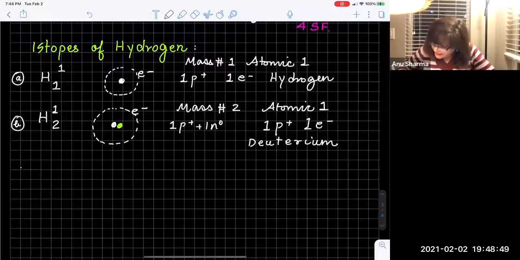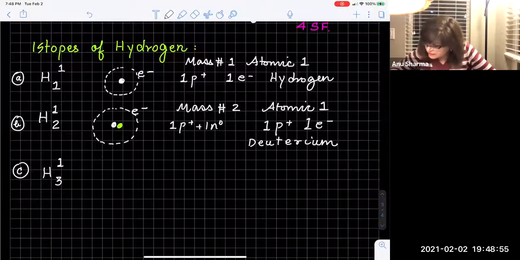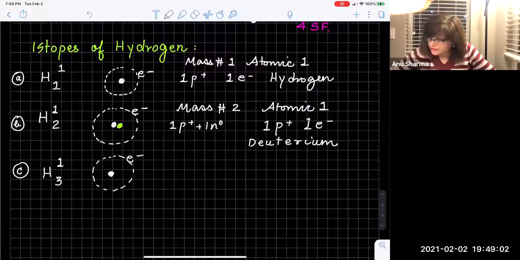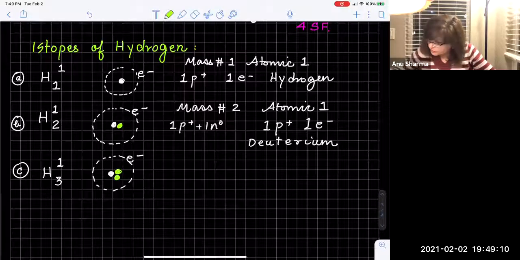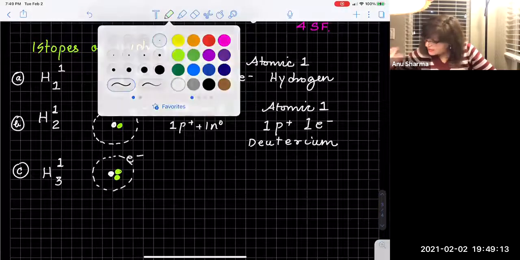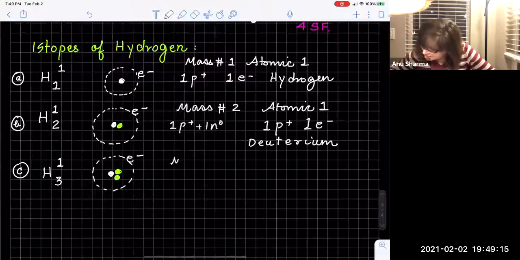This is another one, and then comes the third one, which is hydrogen with mass number 3. So here we will have 1 proton, 1 electron. You see how the number of protons and electrons are the same, but the number of neutrons here is 2. Okay, so here heavier, bigger.